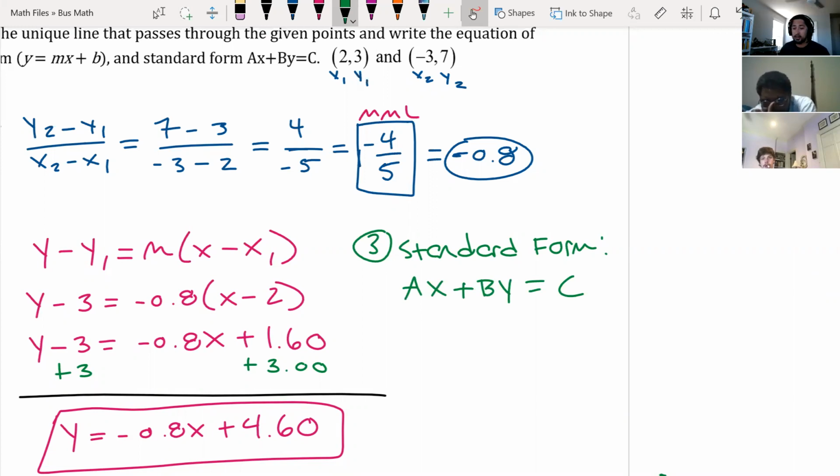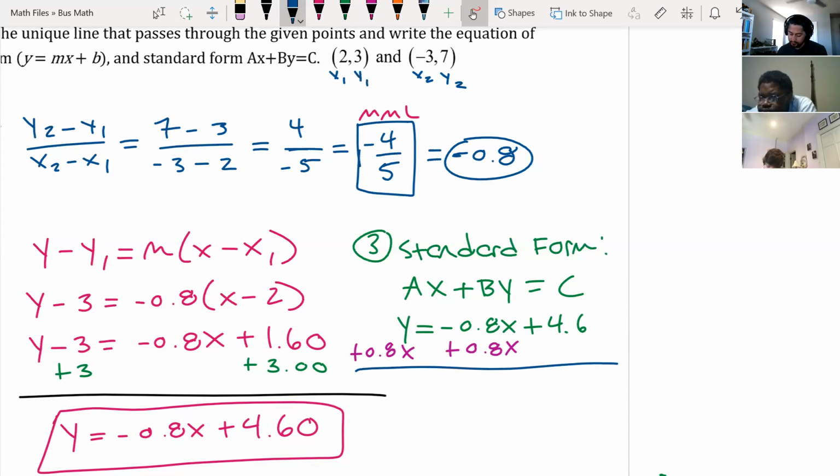So what we're going to do here is rearrange the equation we got on step 2. So I'm going to rewrite it. Y equals negative 0.8x plus 4.6. And the first thing I'm going to do is add this 0.8x over to the left side. I'll use a different color there. And what we have is 0.8x plus y equal to 4.6.